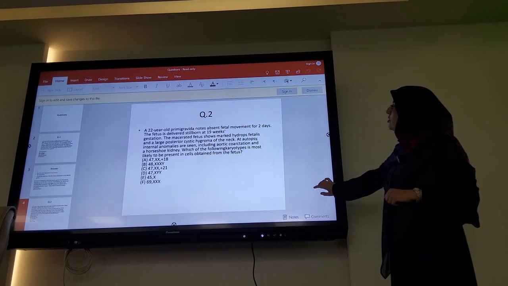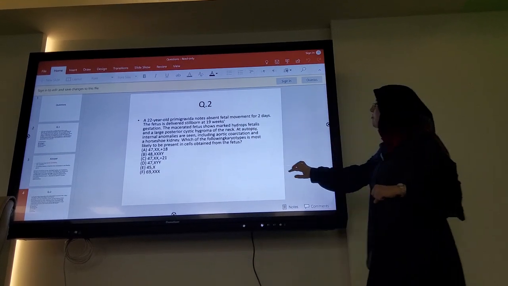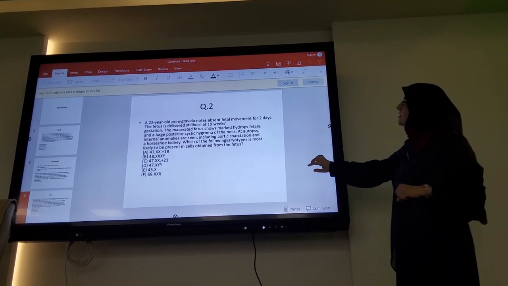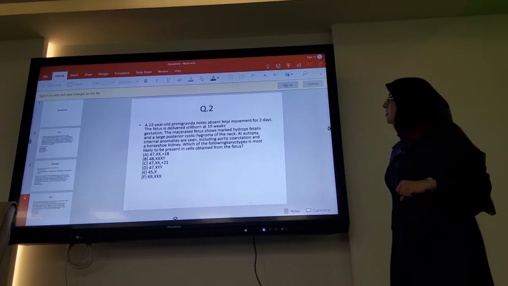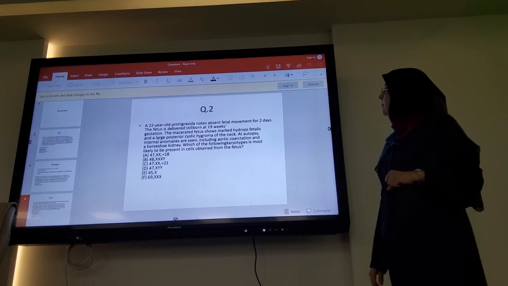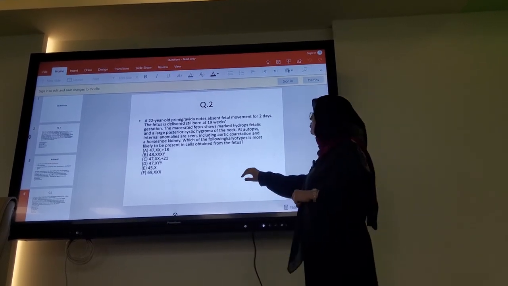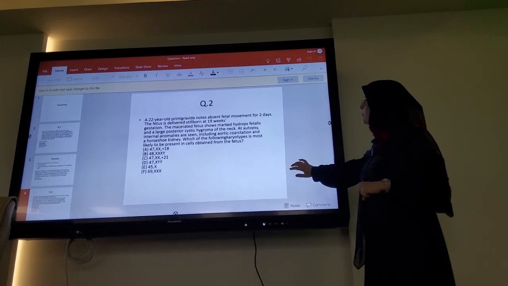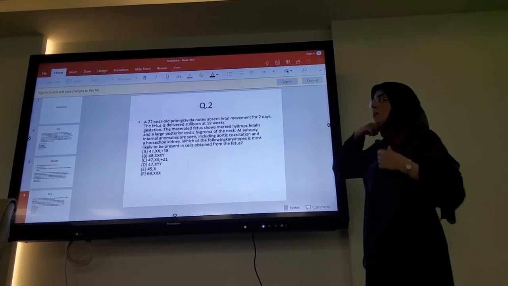A 22-year-old primigravida notes absent fetal movement for 2 days. The fetus is delivered stillborn at 19 weeks gestation. The macerated fetus shows marked hydrops fetalis and a large posterior cystic hygroma of the neck.